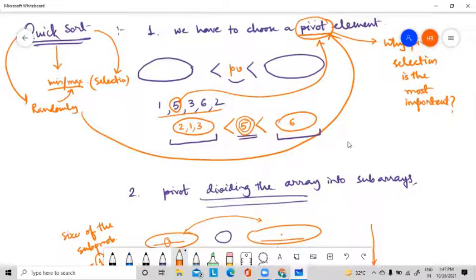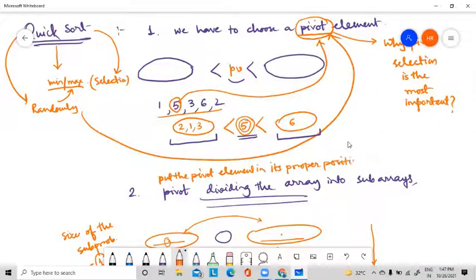So choose one pivot element, then put the pivot element in its proper position.